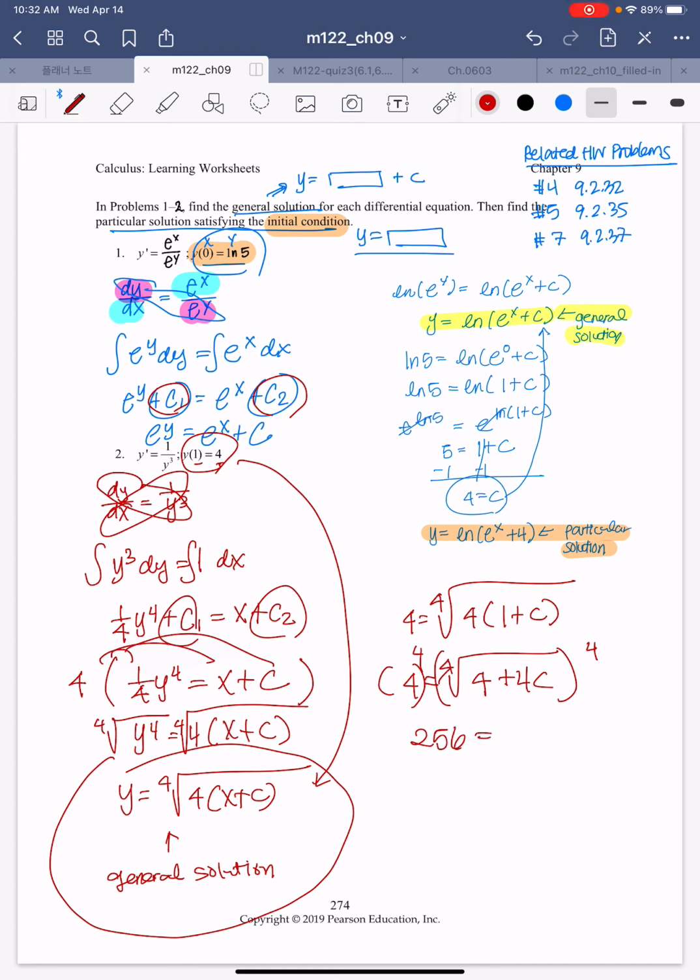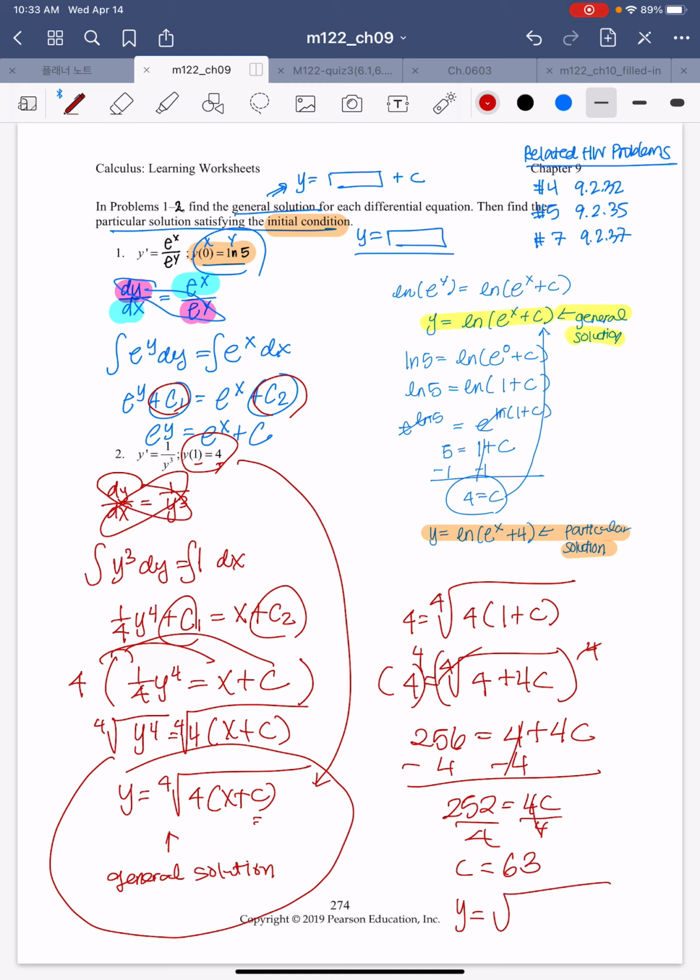On the other hand, the roots cancel out, 4 plus 4c. Subtract 4. So I have 256 subtract 4, which is 252, divided by 4. So c is equal to 63. So my particular solution will be y is equal to, replace the c here, the 4th root of 4 times x plus 63. That will be my particular solution.